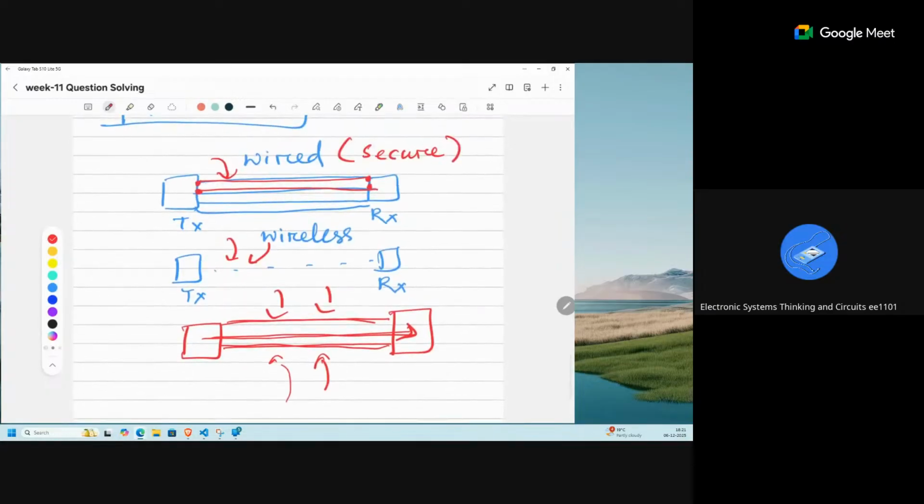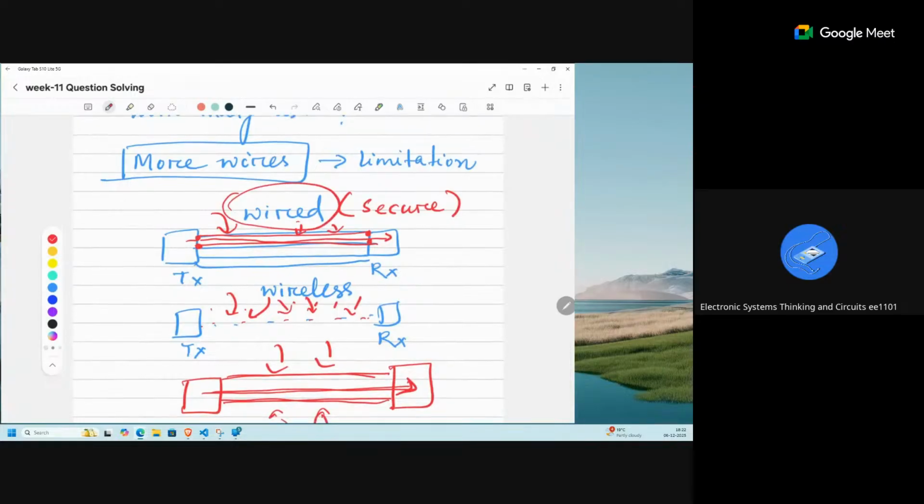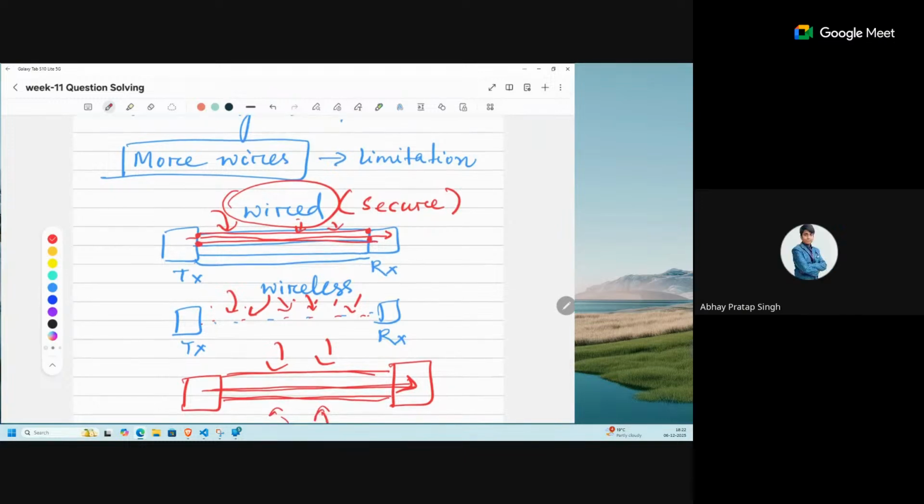Similarly, in a wire, the signal is protected inside because no other signal can enter that shielded wire. But in wireless, other signals may hamper, like other vehicles. So wired communication is more secure in nature. Okay, ma'am.